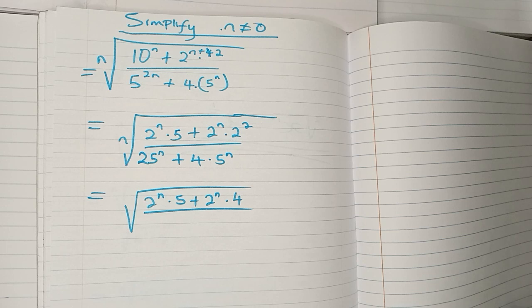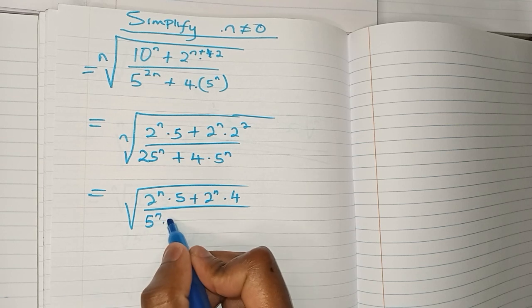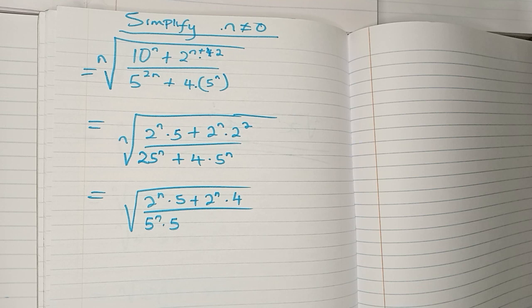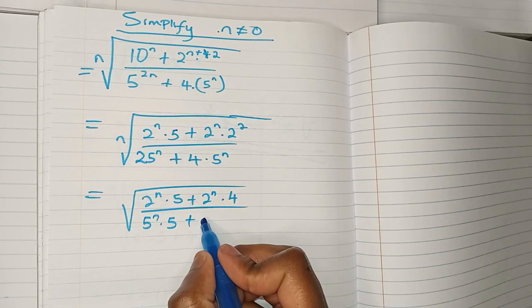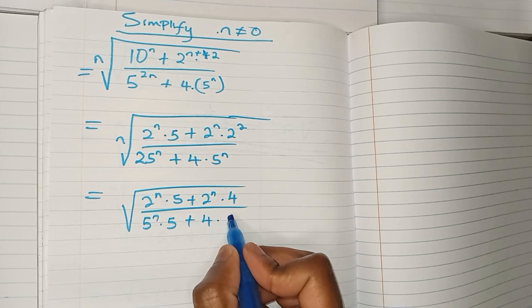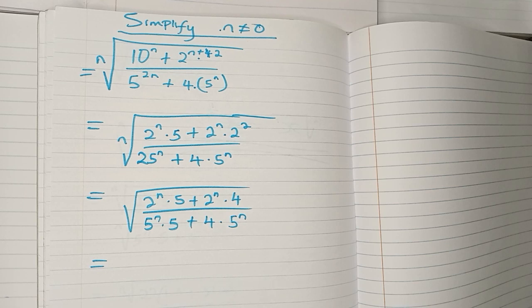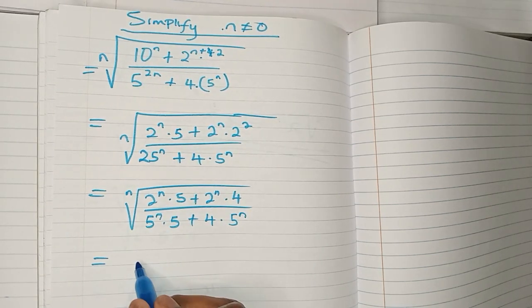So why not say 5 to the power n times 5, right? The aim is to expand, plus 4 times 5 to the power n. Oh, I forgot the n, but I remembered in time.